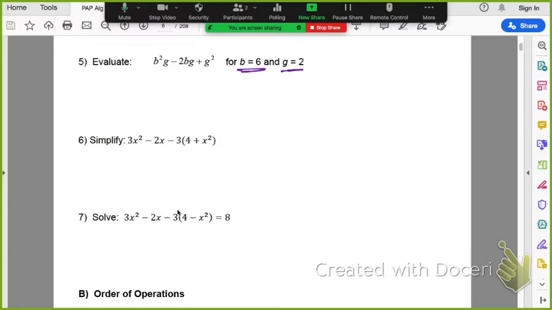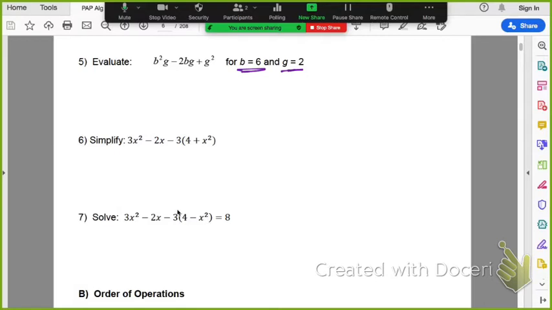Now, the biggest thing, I'm going to say this before you start because I already see people starting it: anytime you're substituting, put that number in parentheses. I promise you it makes a difference, and I'm going to show you why in a second. I don't think it shows up on this one, but on another example it does.